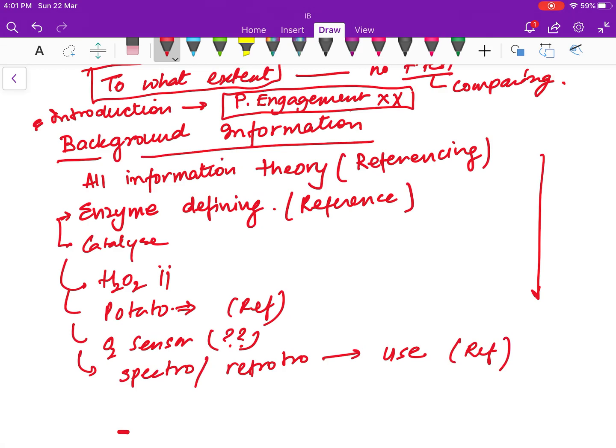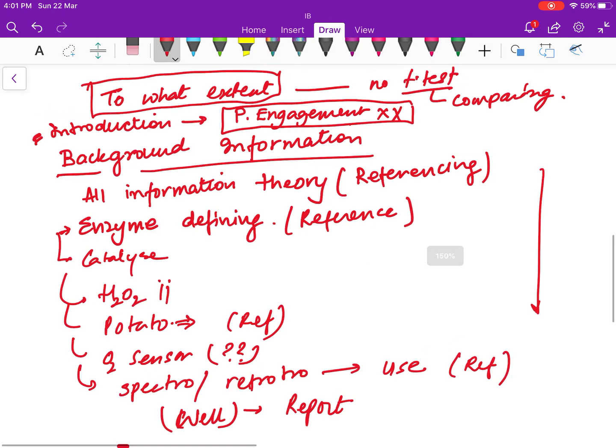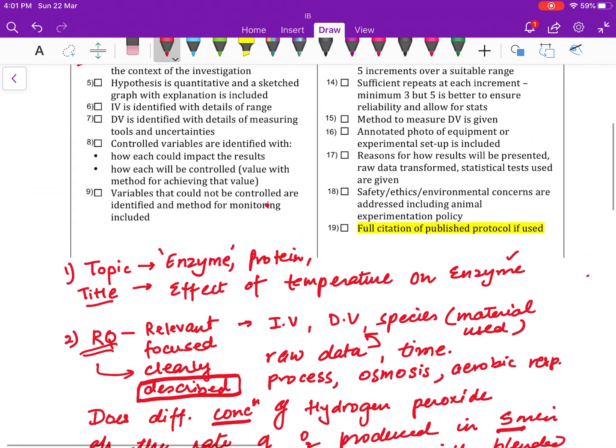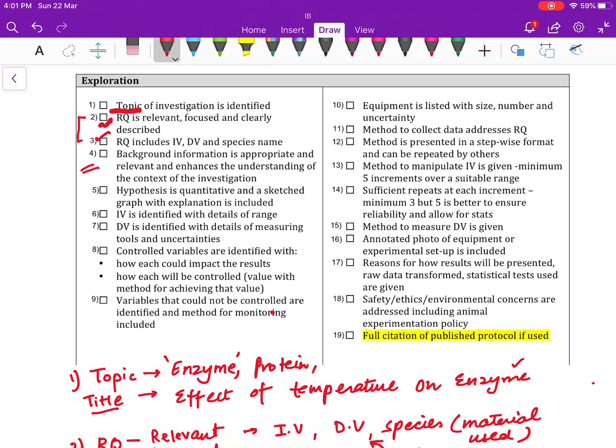So background information is very important to be very clear to get good marks in exploration, because here we get the idea of how well the student understands the report. All right, now moving on to the next part, again reiterating, it should be referenced. Every information should be referenced.